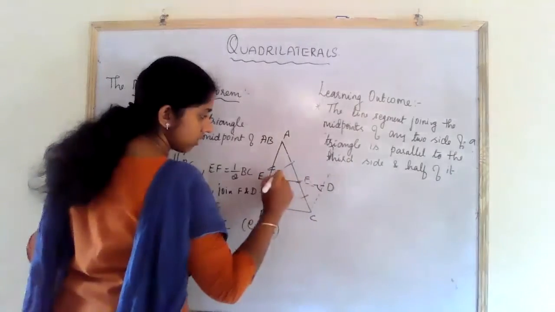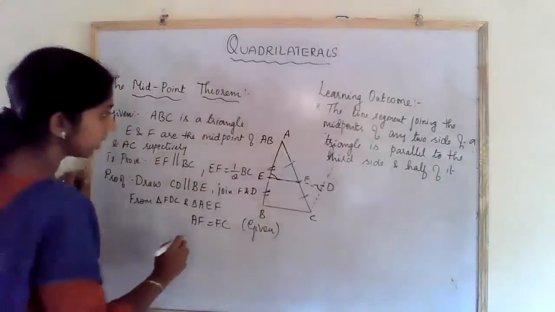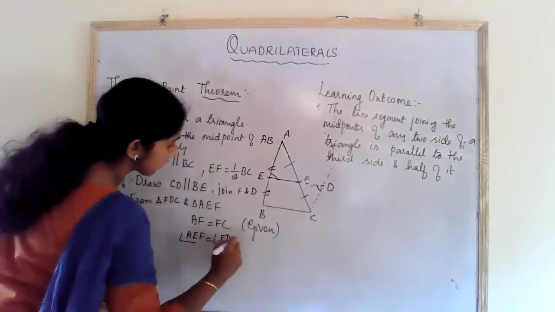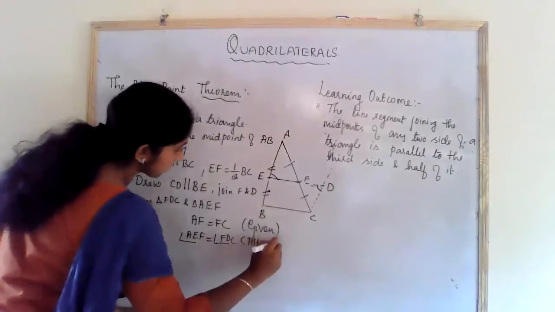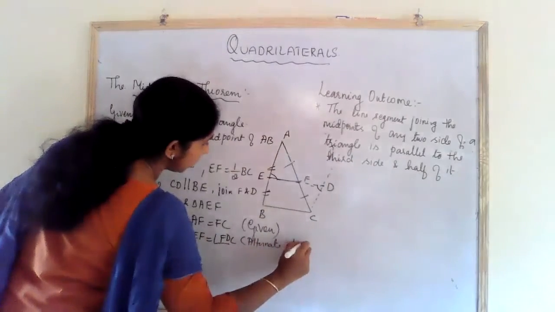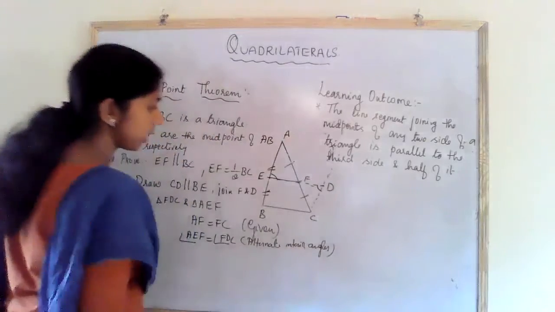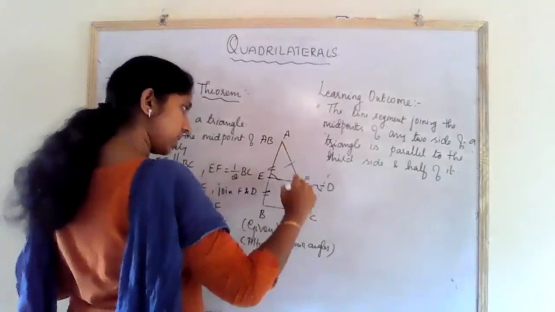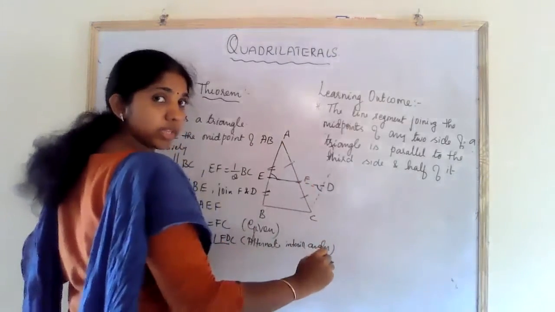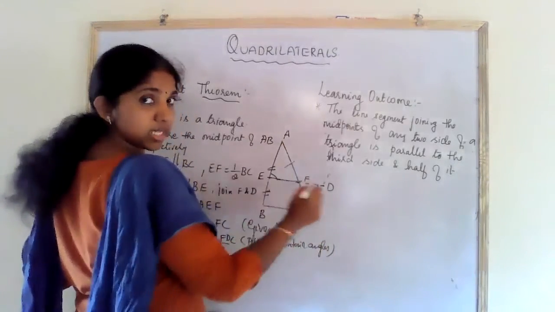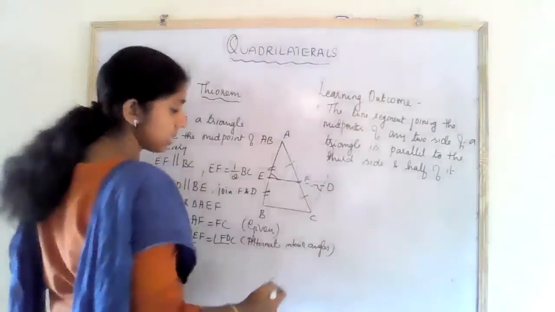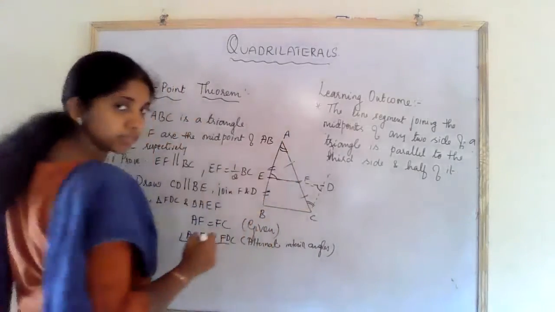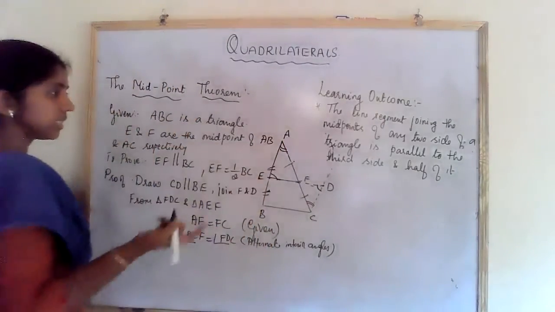So this angle will be equal to this angle. I can say that angle AEF will be equal to angle FDC. These are alternate interior angles. Similarly, these two lines are parallel. If you take AC as a transversal for these two parallel lines, then this angle will be equal to this angle, because alternate interior angles are equal.